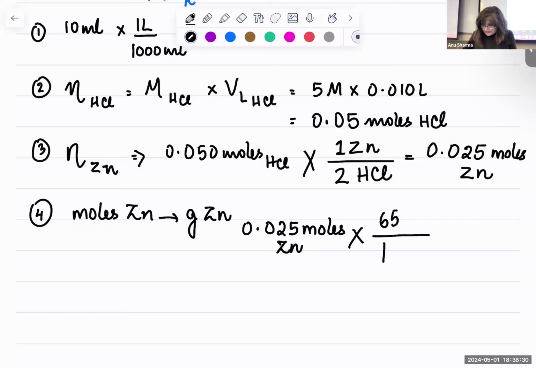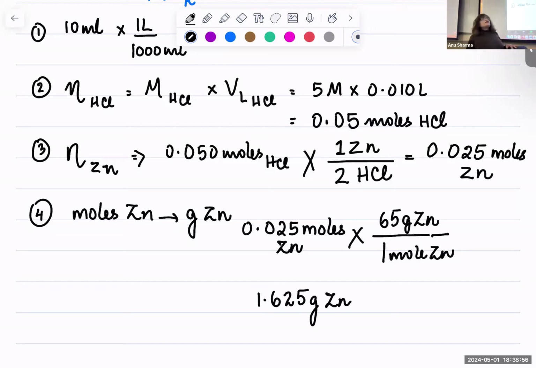Yeah, very good. 65 grams of zinc, because that is the molar mass over 1 mole of zinc. So do this. What do you get? 65 times 0.025. How much? 1.625 grams of zinc.